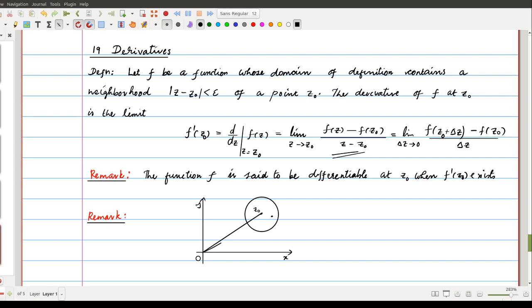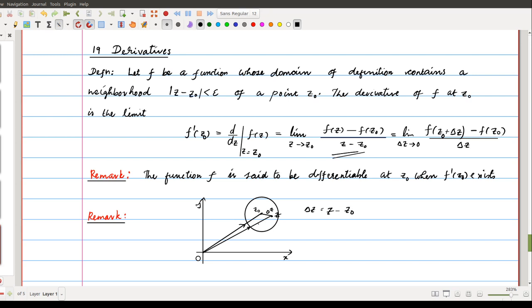If we take any arbitrary point z, then this distance is what we call delta z. If you consider this a vector, then you can easily write delta z as z minus z0.